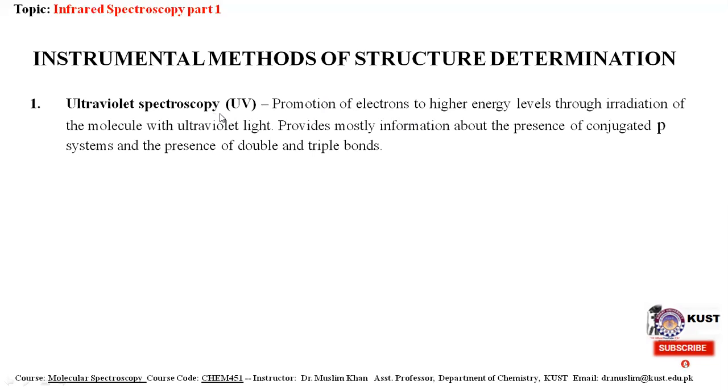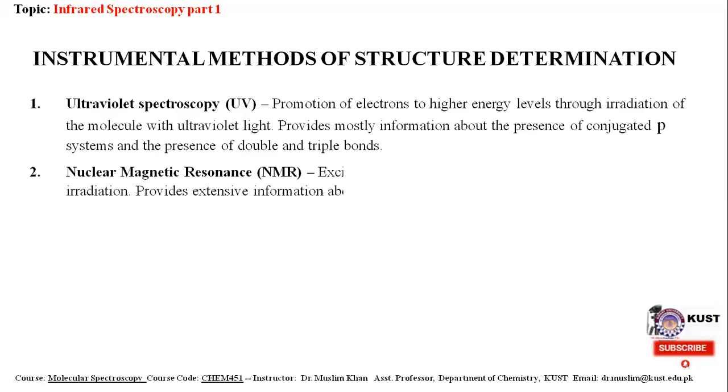That's why it is called UV absorption spectroscopy. This spectroscopy provides mostly information about the presence of a conjugated pi system and the presence of double and triple bonds.